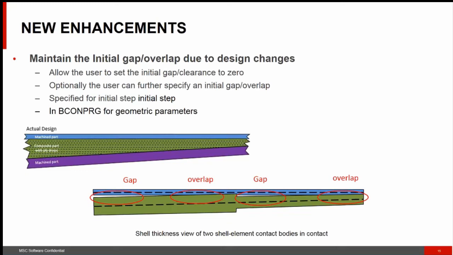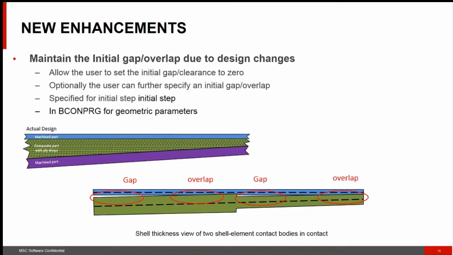And what are the applications? For example, in many cases, we see that there is a gap between parts because they've been shimmed during production, so it's important to take that into account. You can see here, for example, in these plates, we have a gap, then we have some overlap, and then we have a gap, so it's very varying.